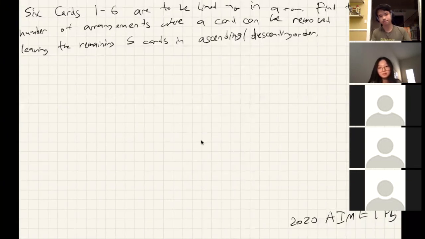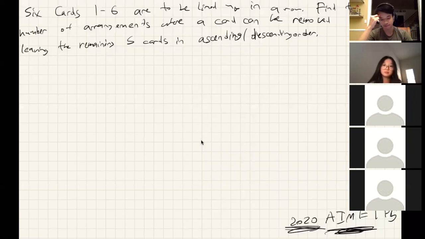So this is the famous 2020 AMC 12 problem 5. This is the problem that caused me a lot of pain when I first took the test back in 2020. I didn't actually do this question.